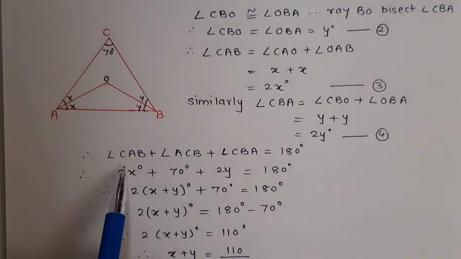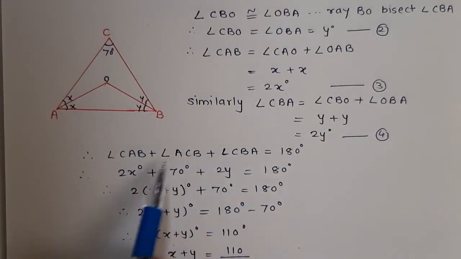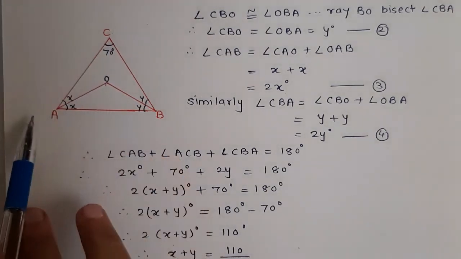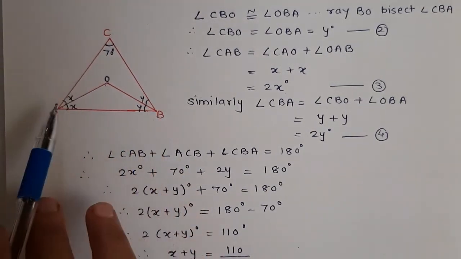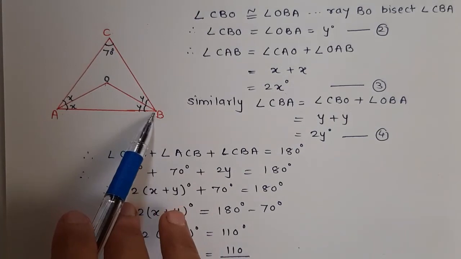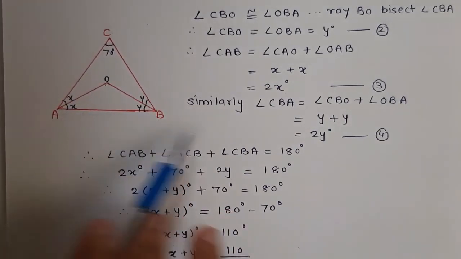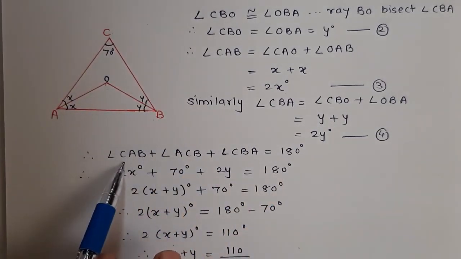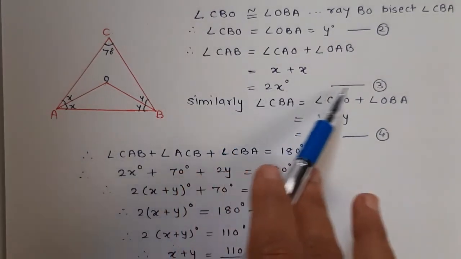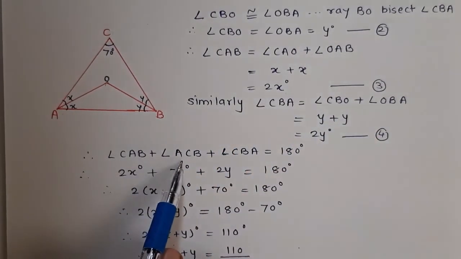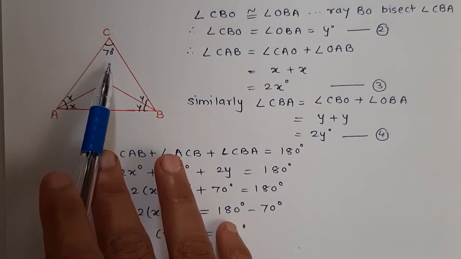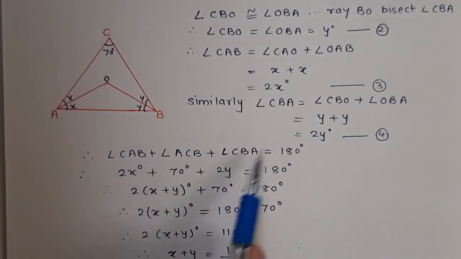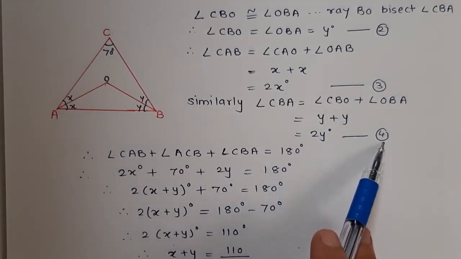Now the sum of three angles in a triangle is 180 degrees. That means angle CAB plus angle ACB plus angle CBA equals 180 degrees. Now CAB is 2x, from equation 3, and angle ACB is given 70 degrees, and angle CBA equals 2y, from equation 4.